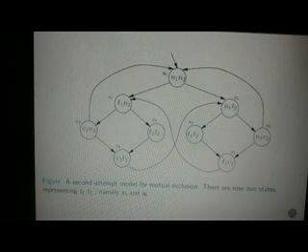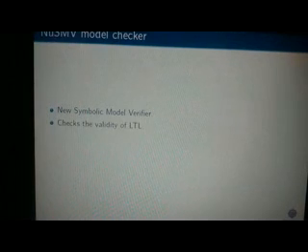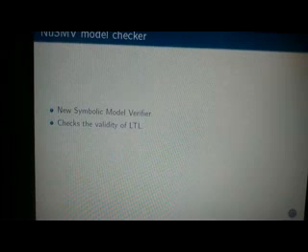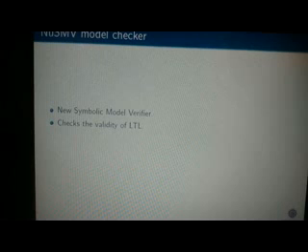We would like to check the four properties by first describing them as temporal logic formulas. So, here again the tool is the New Symbolic Model Verifier. It is the NuSMV model checker and checks the validity of LTL formulas. NuSMV stands for New Symbolic Model Verifier. NuSMV is an open source product, is actively supported, and has a substantial user community.